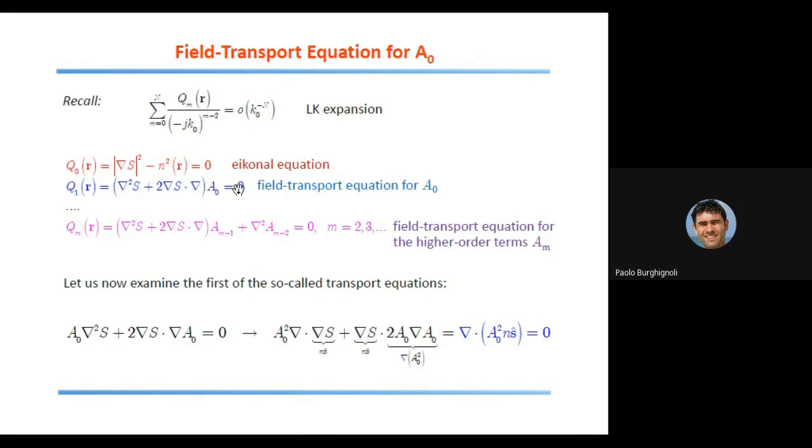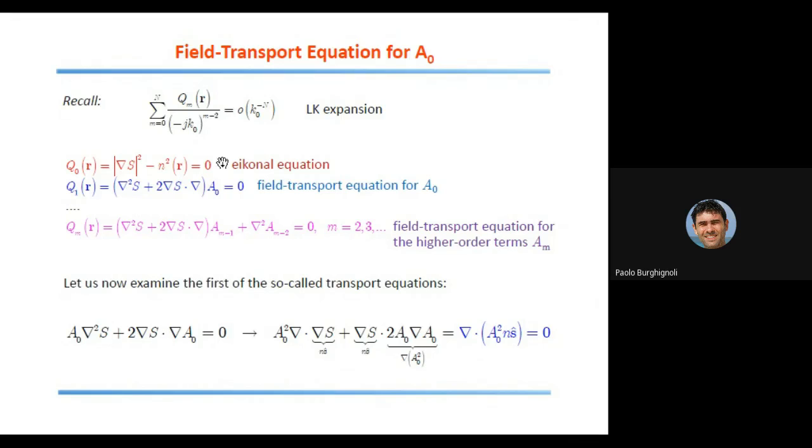Once we have done this, we can go to the next relation, the one that involves Q2, and go this way up to any desired order. As you can see, the m-th of those relations always involves the Iconal and two of those coefficients, A(m-1) and A(m-2).